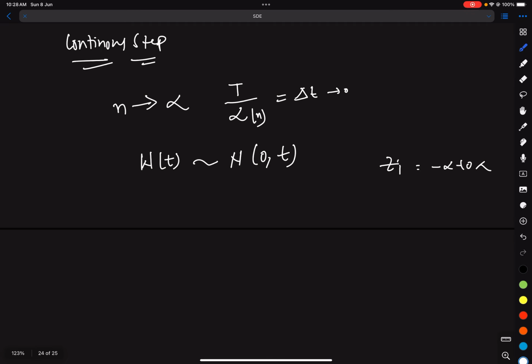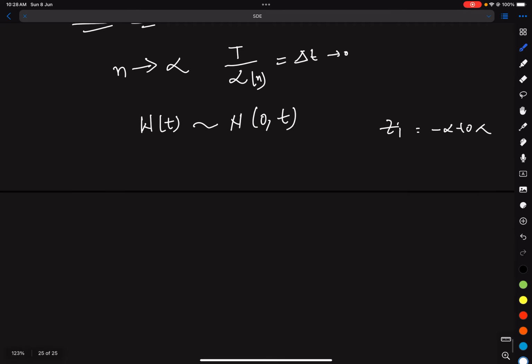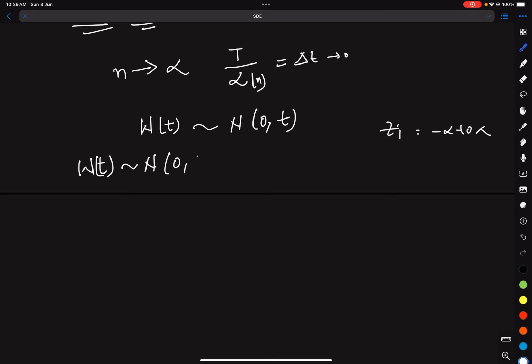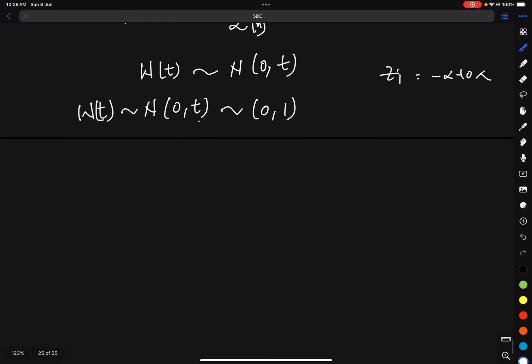Since we are calculating the position at point t, and it follows the normal distribution 0 comma t, let's take an example where the variance is 1. W of t follows normal distribution 0 comma 1.